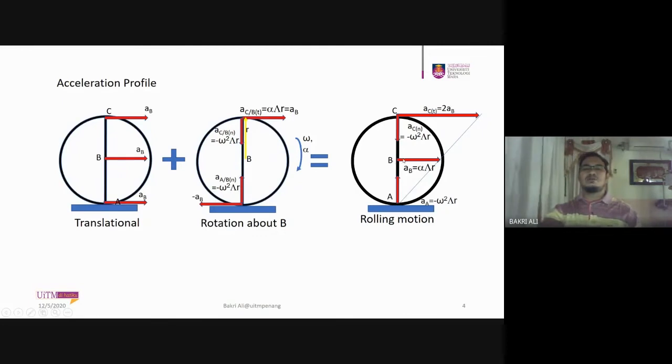The center has the same acceleration AB, given by alpha cross R, and we also have the normal component of C given by negative omega square cross R. But for the bottom, because we have positive AB plus negative AB, there will be no tangential acceleration at point A. But the normal acceleration exists, given again by negative omega square cross R.